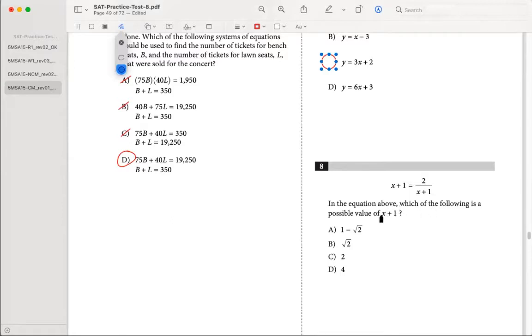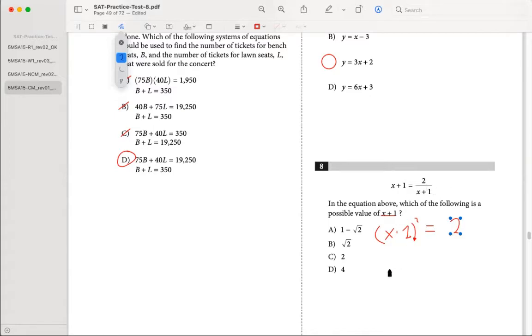Which of the following is a possible value of x plus 1? All right. So there's 2 ways to go about it, and the way I like to do it is x plus 1 whole squared equals 2, because you're multiplying out by x plus 1 on that side to cancel that.